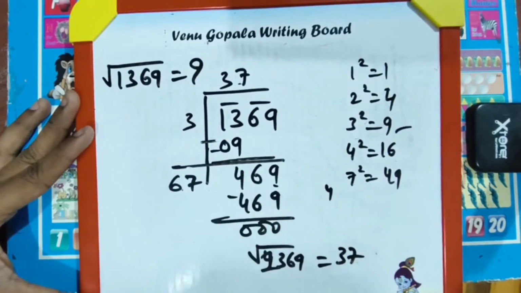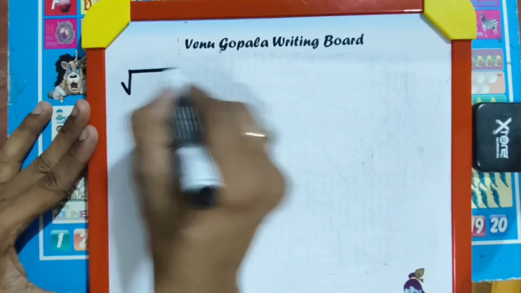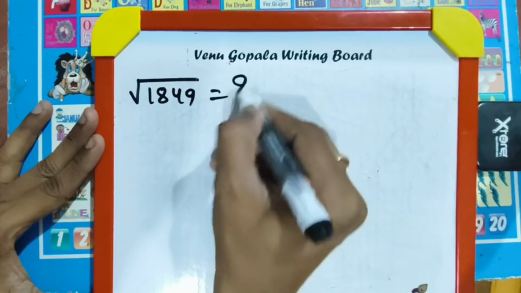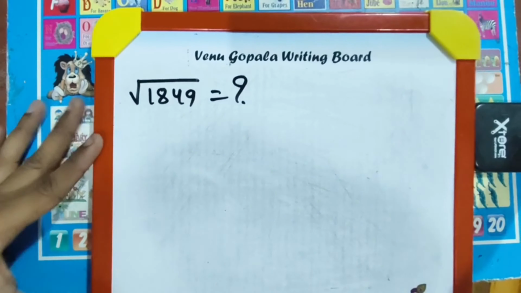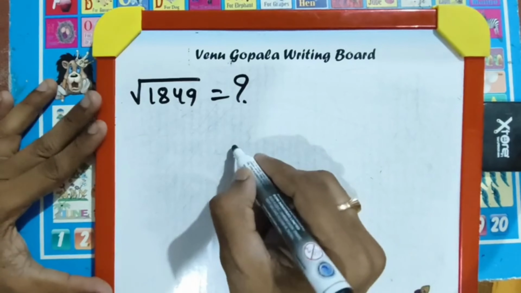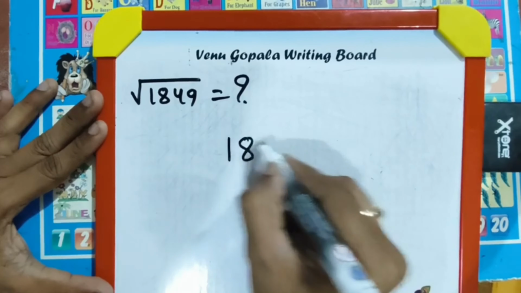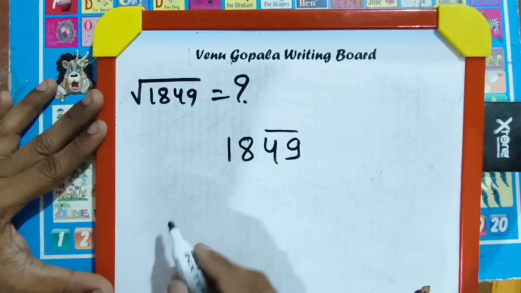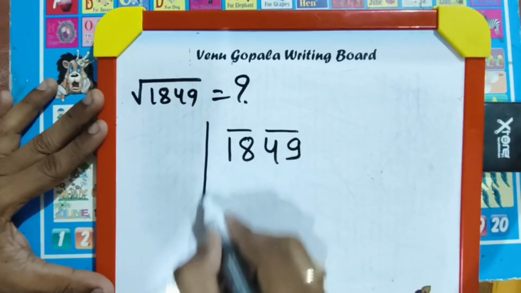This is how we have to solve the question using the division method. Let us take one more number, 1849. The square root of 1849. Let us write this number one more time. 1849. Make the group of two numbers, 49 and 18.